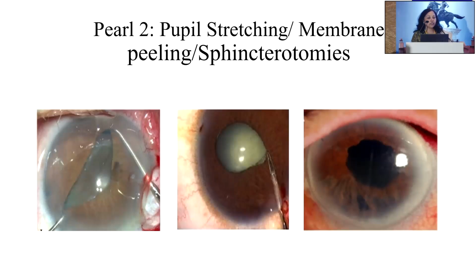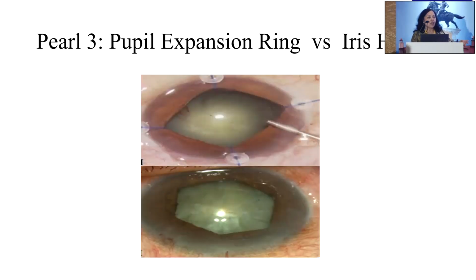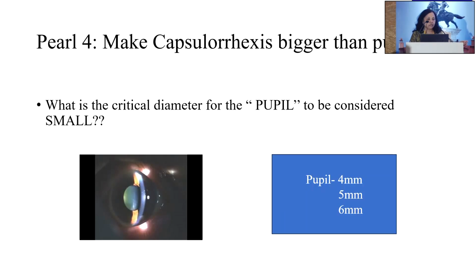If you are dealing with a uveitic cataract, you will see the membranes, and you have to do membrane peeling. When you are doing a sphincterotomy, do multiple sphincterotomies. Be very careful, don't go beyond the collarette, otherwise you will have glare afterwards. About the pupil expanders and the iris hooks, already dealt with. Both of them are good and it depends on your hand, but the rings give you a uniform dilatation.